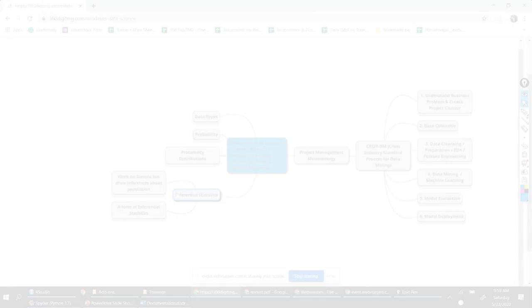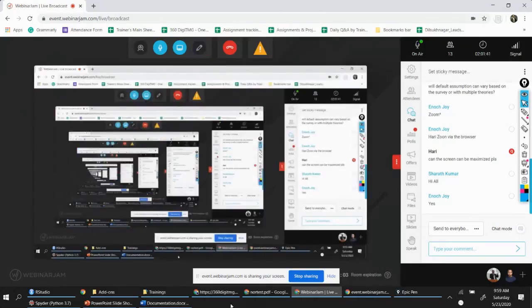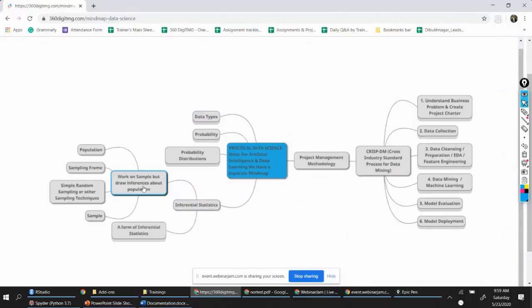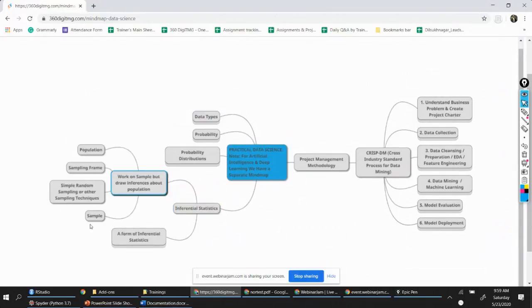So inferential statistics, let me summarize everything. Inferential statistics works on sample data, but we have to make inferences about the population. And here we also have to learn about how we draw samples.